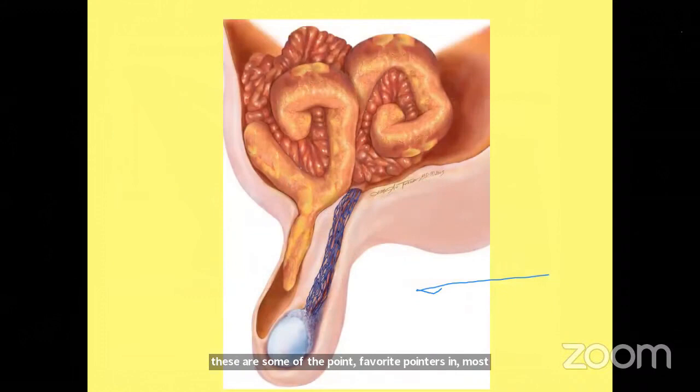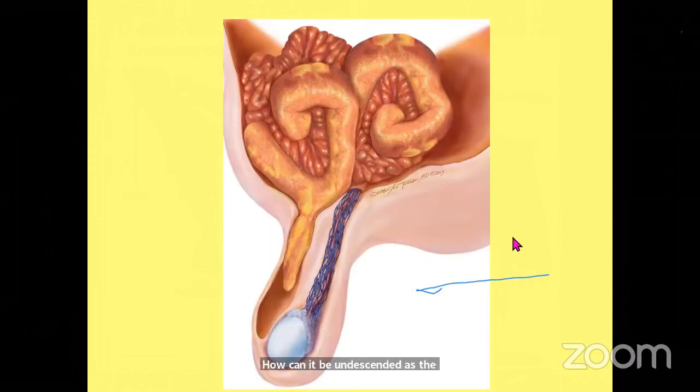Can someone identify this image? What is this image? How can it be undescended testis?